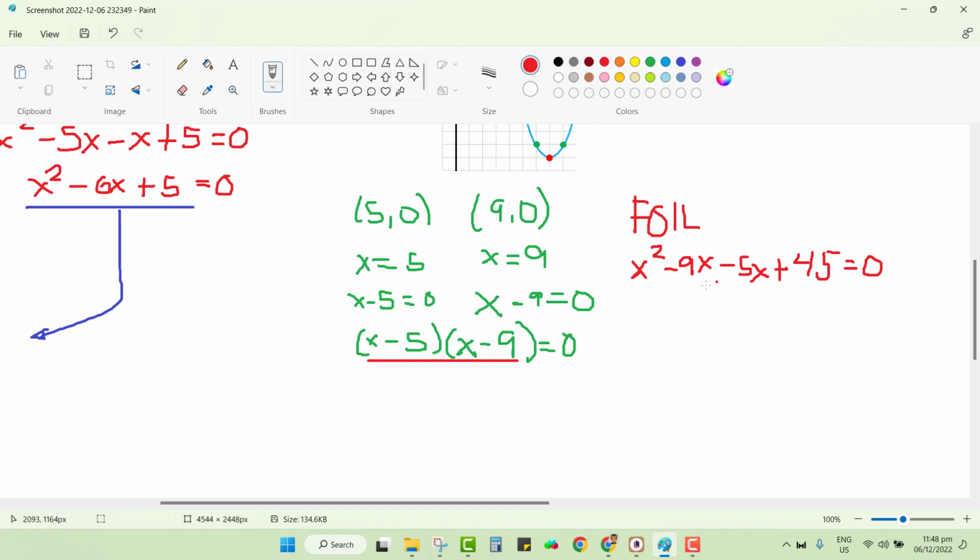In the standard form of quadratic equation, you will have x squared minus 14x plus 45 equal to 0. Placing it in a function form, your standard form for this graph is x squared minus 14x plus 45, and this is your standard form.